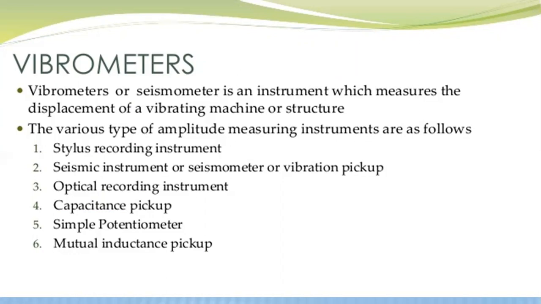The various types of amplitude measuring instruments are as follows: stylus recording instrument or seismic instrument or seismometer or vibrating pickup, optical recording instrument, capacitance pickup, simple potentiometer, mutual inductance pickup. These are the various types of amplitude measuring instruments.